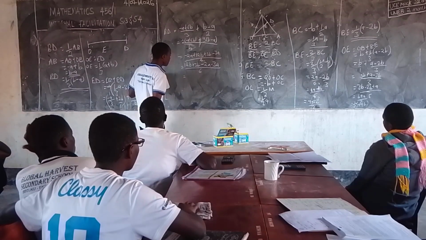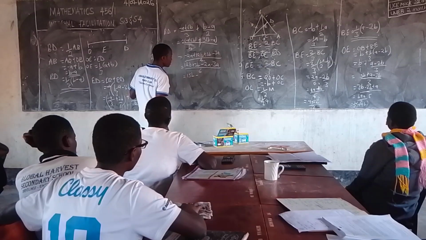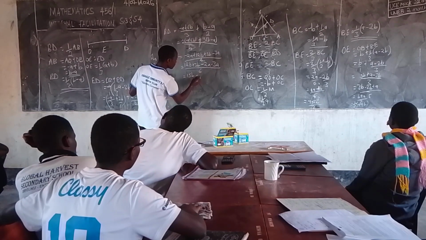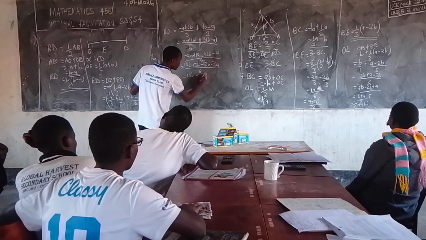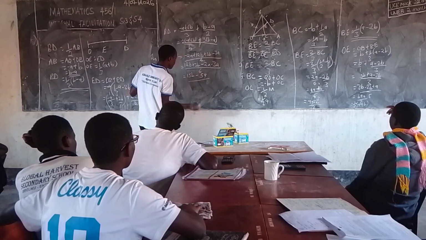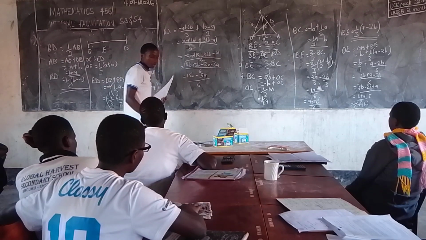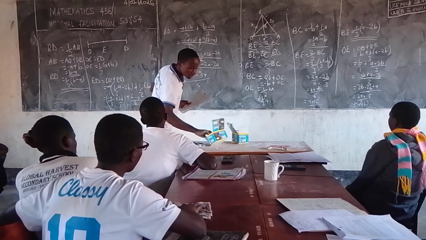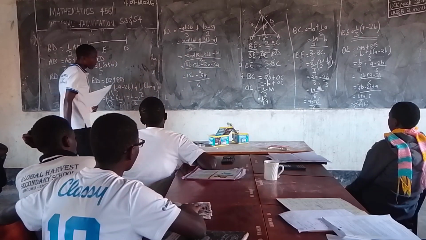So what do we have here? 7b minus 5a over 6. So we can't reduce here. Okay, that's our line.